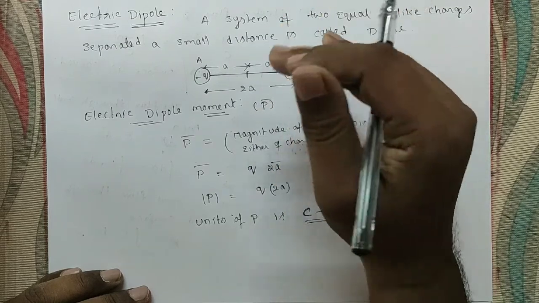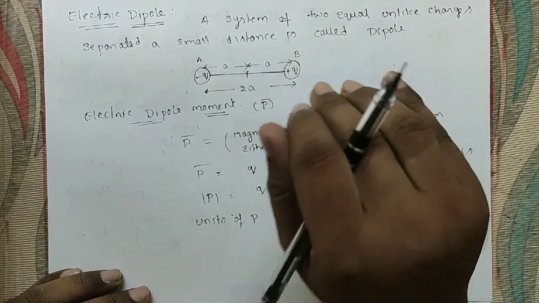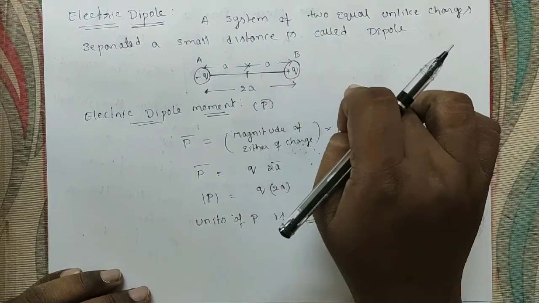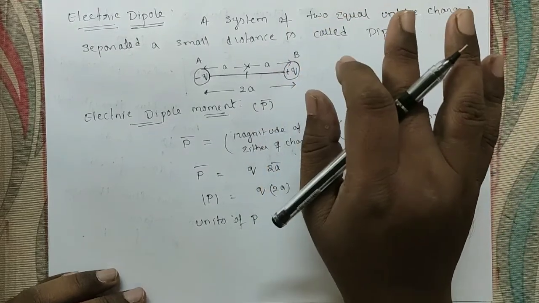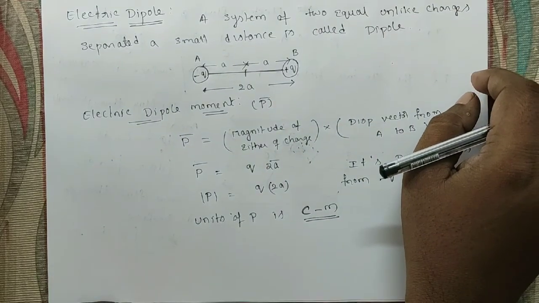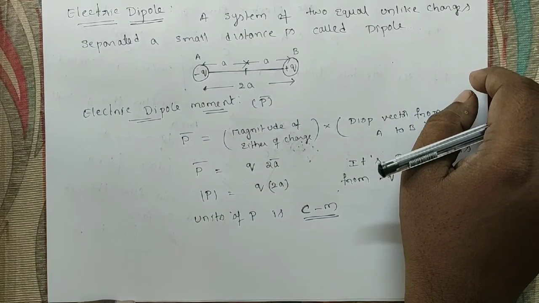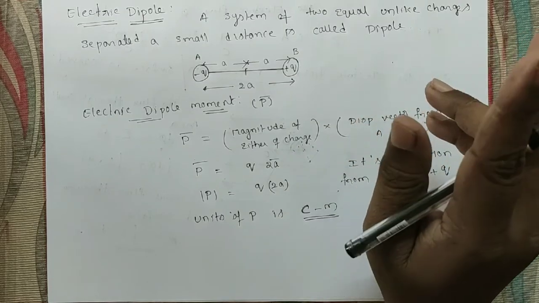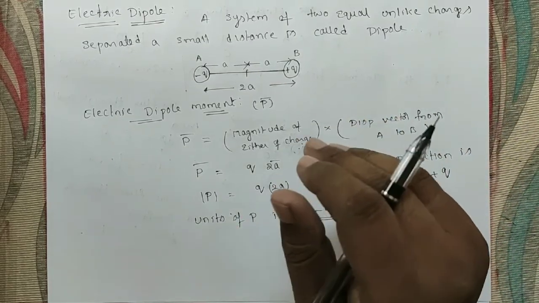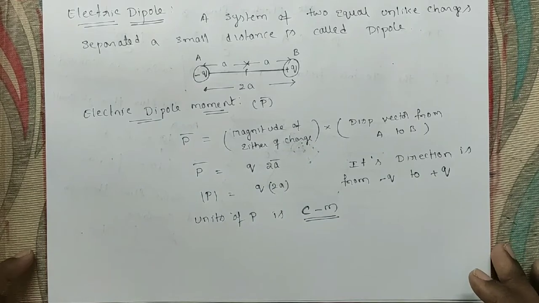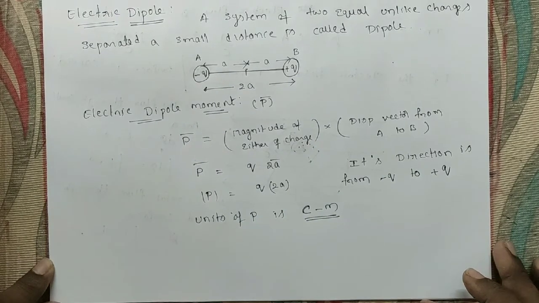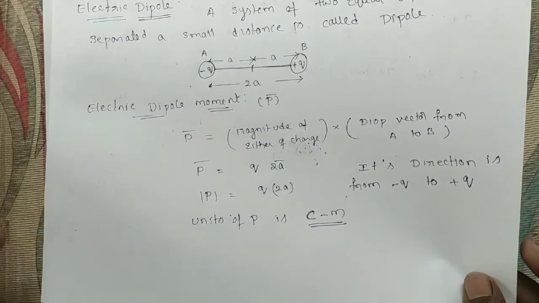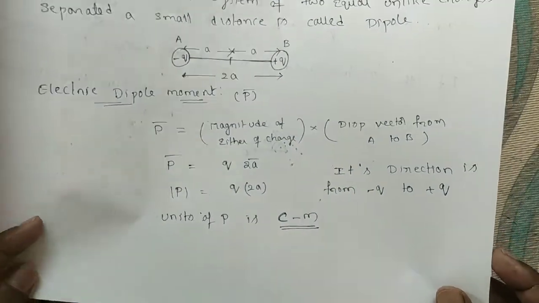Next we are going to discuss the electric field intensity due to a dipole along its axial line and along its equatorial line. These are very important derivations for the board exam; they ask 5 marks, or else sometimes 3 marks. Very, very important, follow it clearly. Next we are going to discuss the electric field intensity due to the dipole.